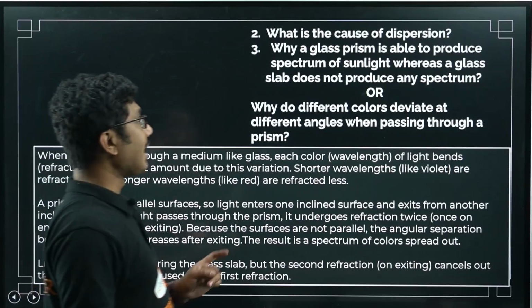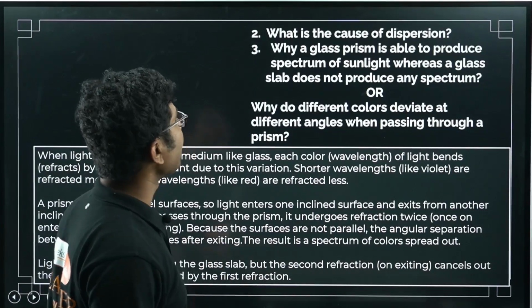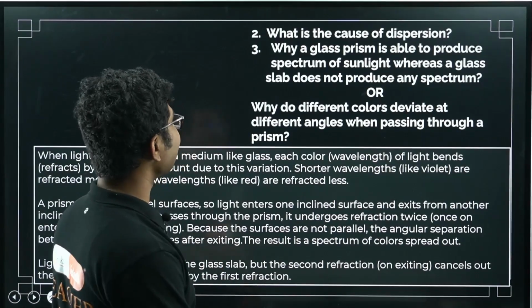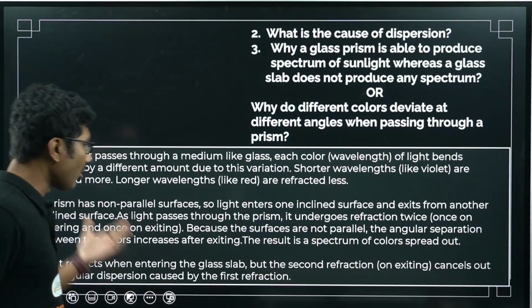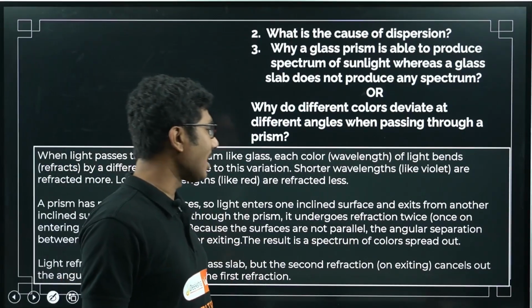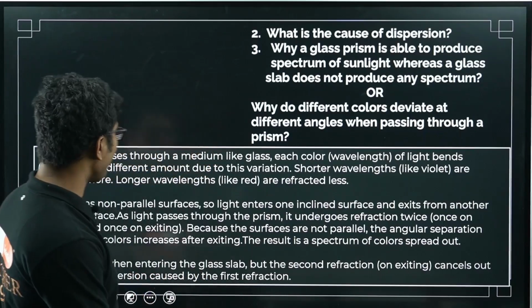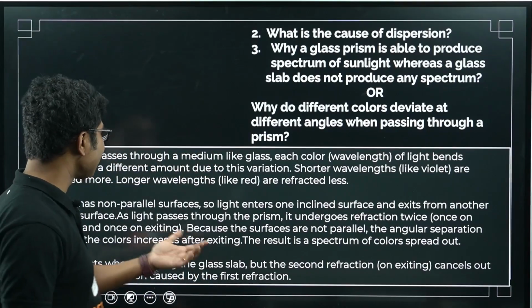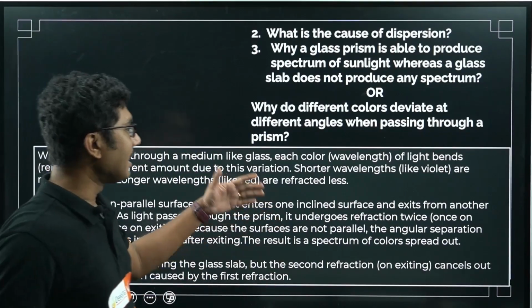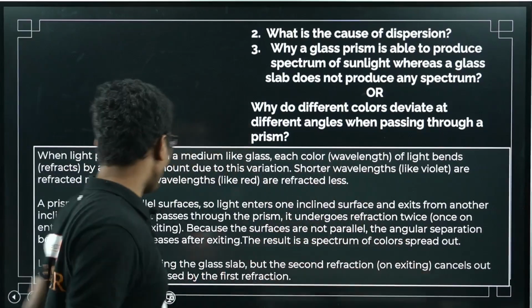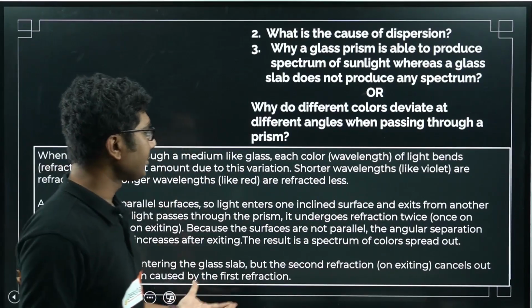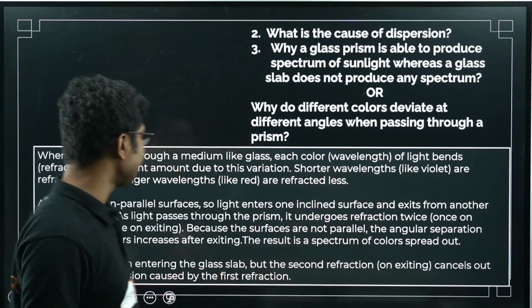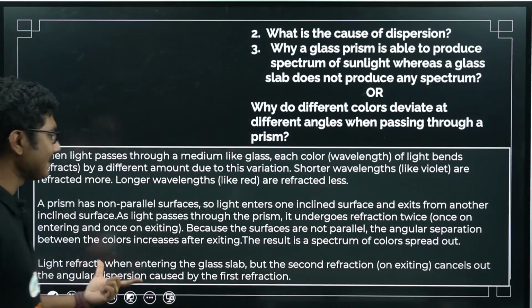Why is a glass prism able to produce a spectrum of sunlight whereas a glass slab does not produce the spectrum? This we have also discussed. A prism has non-parallel surfaces, so light enters one inclined surface and exits from another inclined surface. As light passes through the prism, it undergoes refraction twice, once on entering and once on exiting. Because the surfaces are not parallel, the angular separation between the colors increases after exiting.